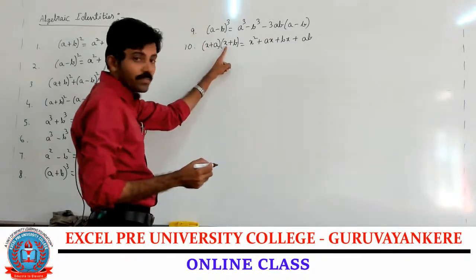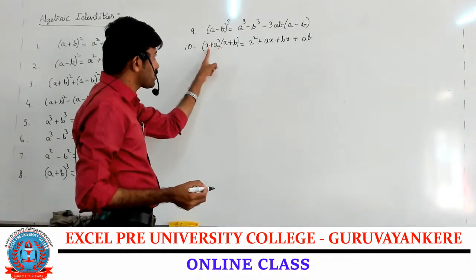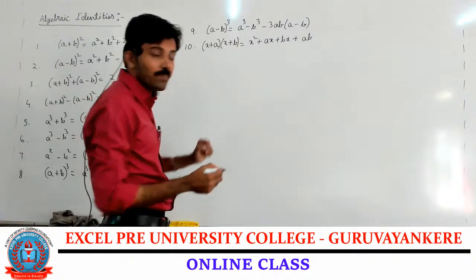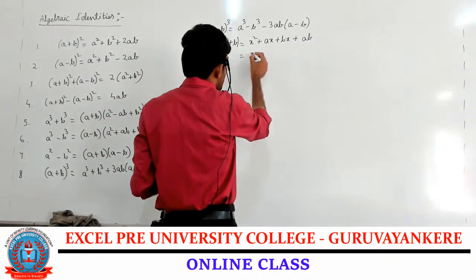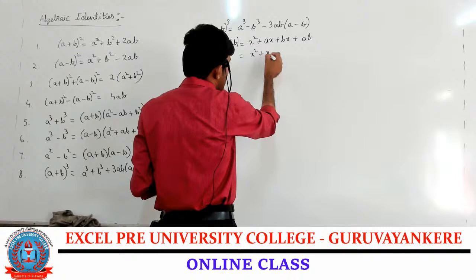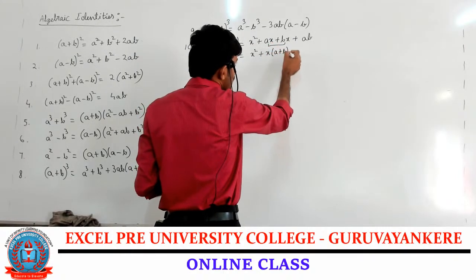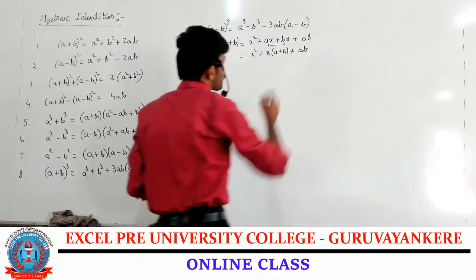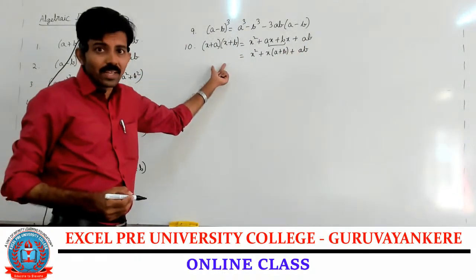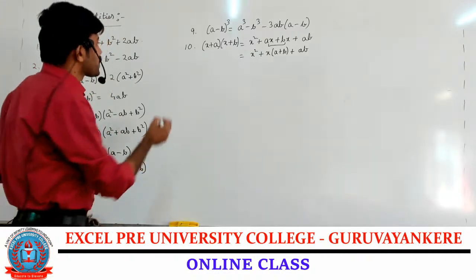Multiply x into x, square, plus ax plus bx plus ab, correct? So we can write this as x square plus x into (a plus b) plus ab, where x is common. Learn this as an important identity.